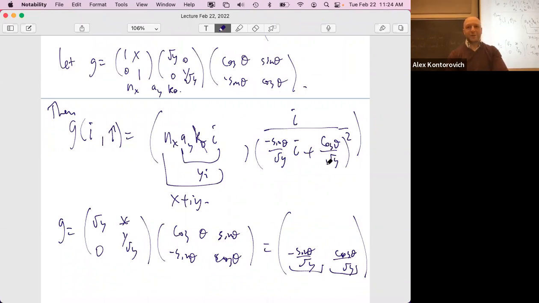So what happens when we square this? The root y comes out with a 1 over y, so I just get yi. Simplifying, I get yi divided by cosine theta minus i sine theta in the denominator.